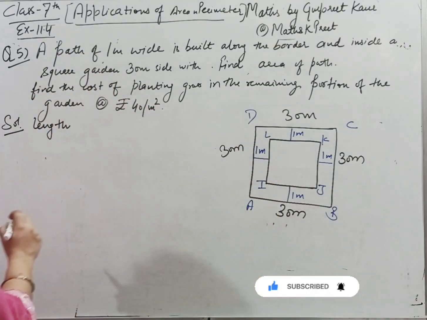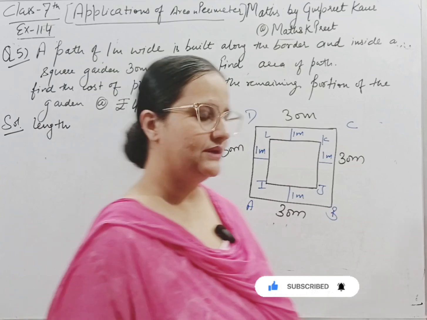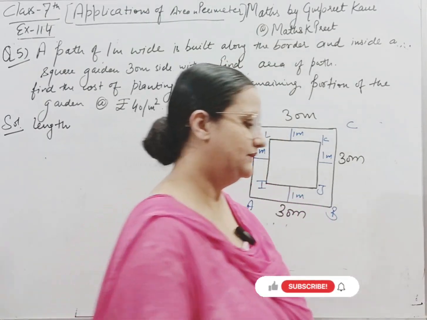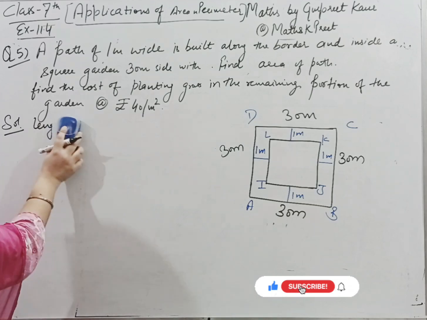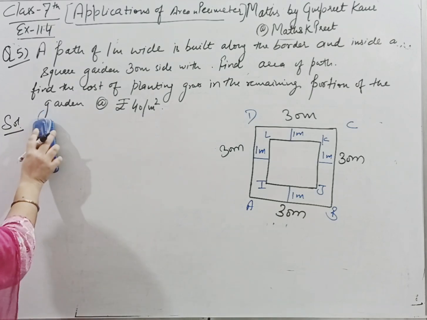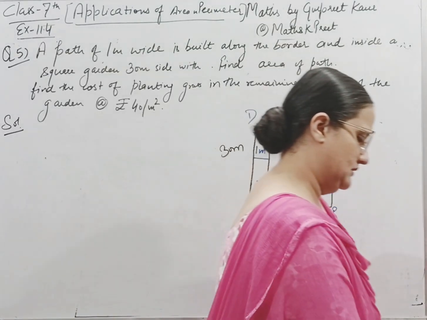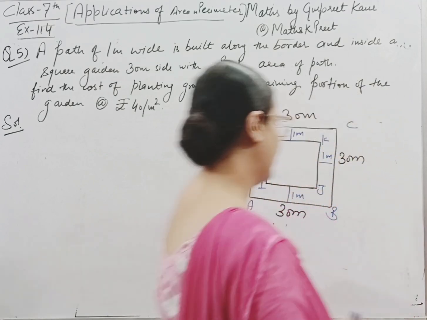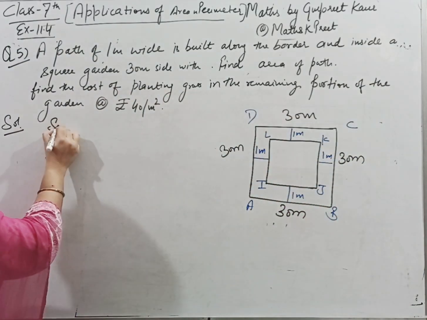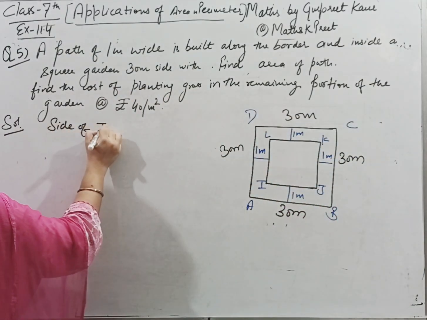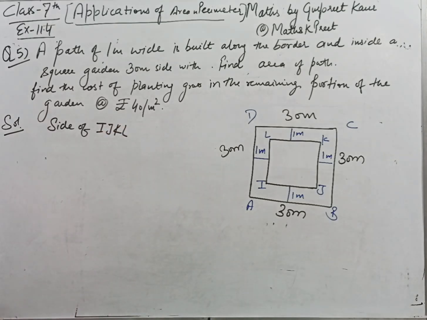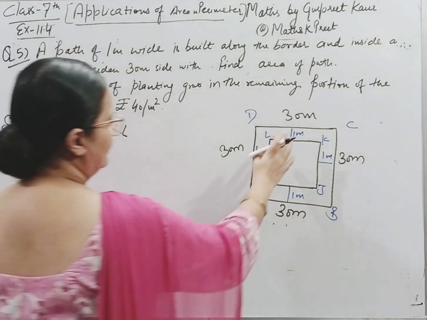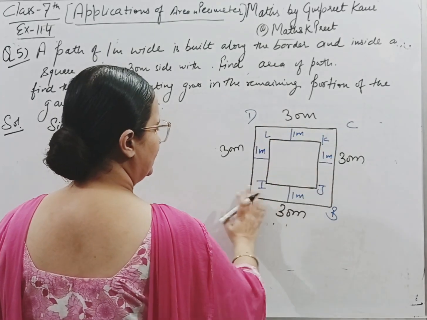So I need not write length and breadth, I just have to write the side of the figure. So I'll write side of IJKL. IJKL is the remaining area of the garden after excluding the area of the path.